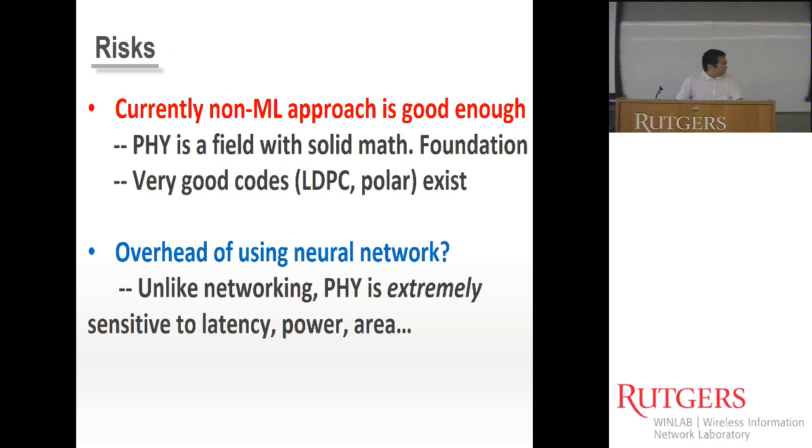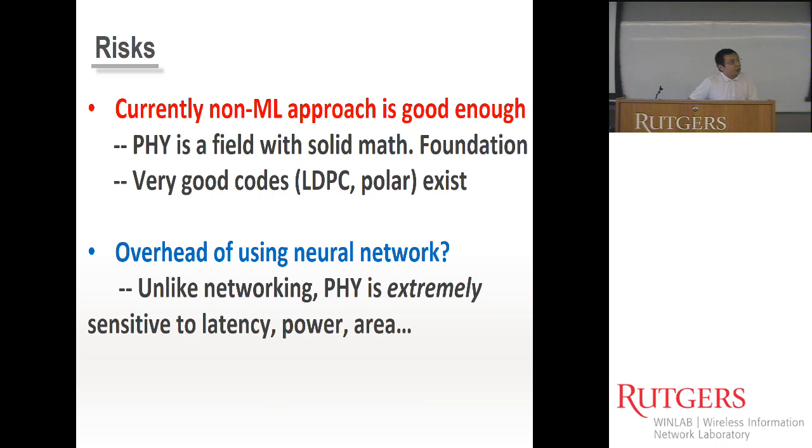Especially on the channel coding side, we already have very good theoretical proof that capacity-approaching LDPC codes or turbo codes, or even capacity-achieving polar codes, already exist. So there is very little space for us to play here, or very little motivation for why we need to introduce data-driven machine learning based channel decoders here.